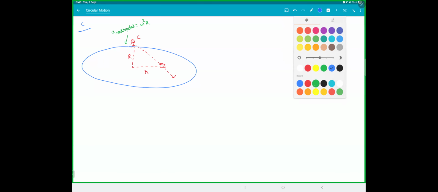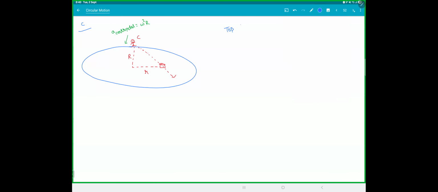Let me show you the top view. He will say the centrifugal force is this one, m omega square x, if I call this distance x.